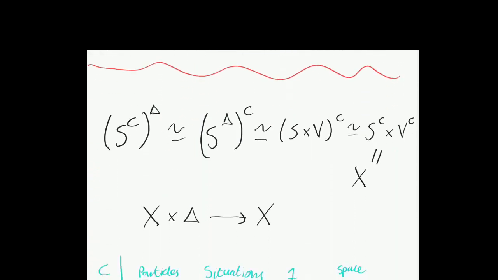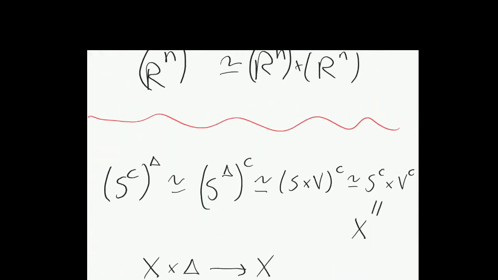And so now let's go back to thinking about the cloud. You may recall earlier I was talking about this example of a cloud and how we can think about the motion of the cloud and how it relates to space and time using exponential objects.